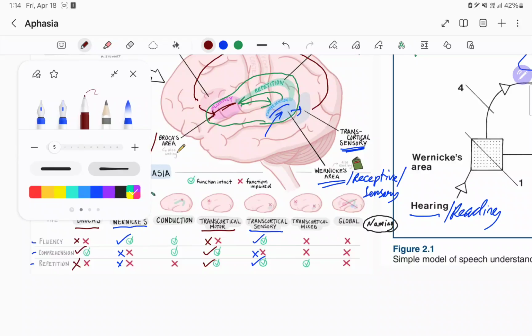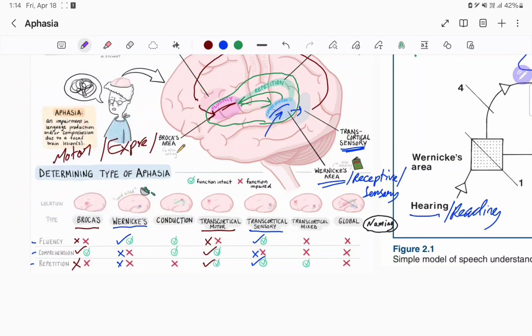Now let's assume we have a defect in both the transcortical sensory and transcortical motor areas; we'll have something called transcortical mixed aphasia. So here, of course, fluency will be affected, and comprehension will be affected.